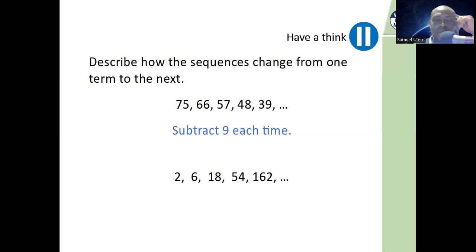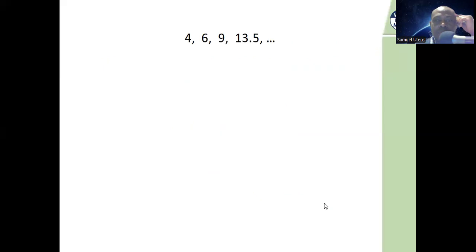Okay, 10 seconds. All right, so this one you can see we're simply multiplying the previous term by 3.